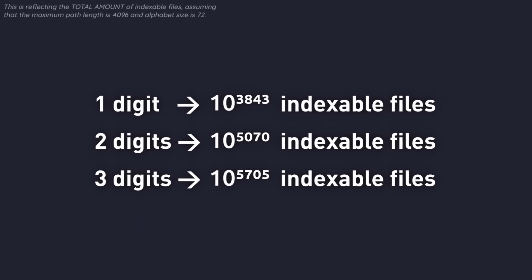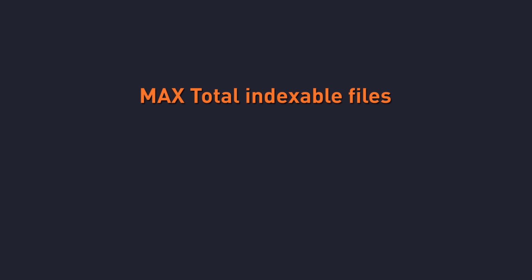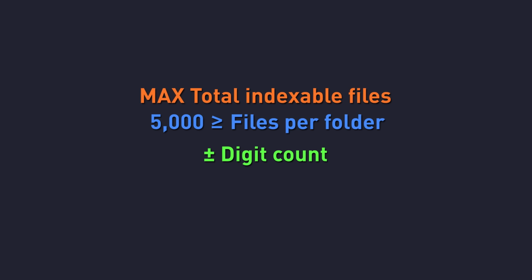But, of course, increasing the base also increases the amount of files in a folder, which adds yet another factor to our already delicate balance. To summarize, we need to maximize the total amount of combinations while keeping the amount of files in each folder the same, by changing the amount of digits in a single folder name and the size of our alphabet.